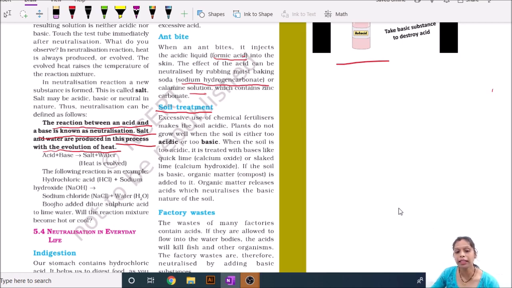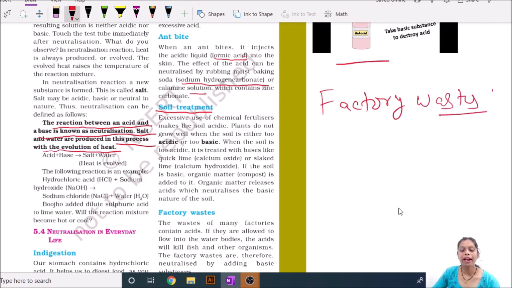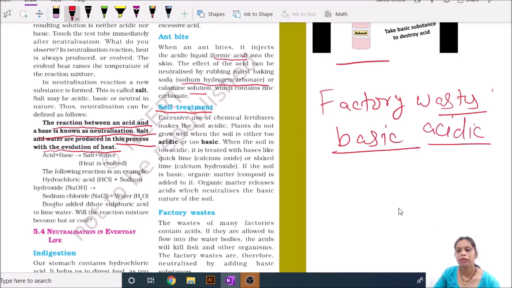For preventing this, we treat that factory waste, and we use basic substances for the neutralization of the acidic effect. Then these are the different types of experience that you can get from your everyday life.